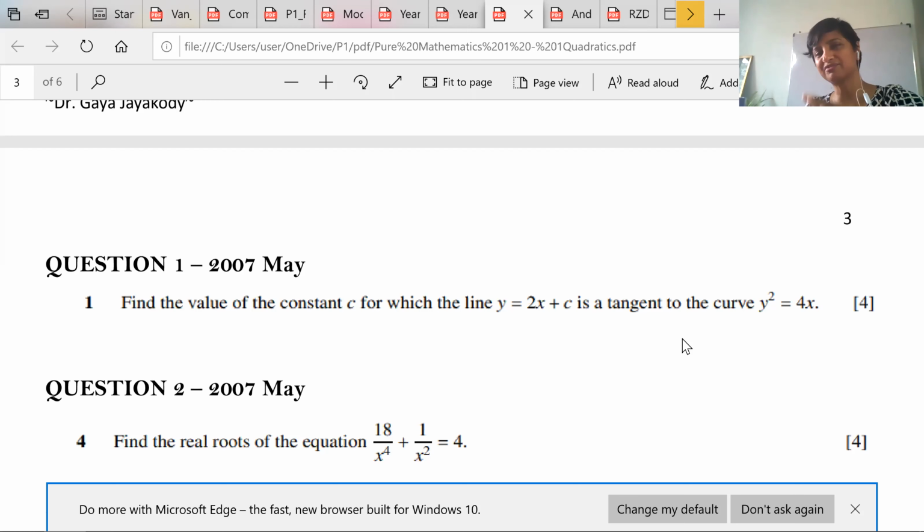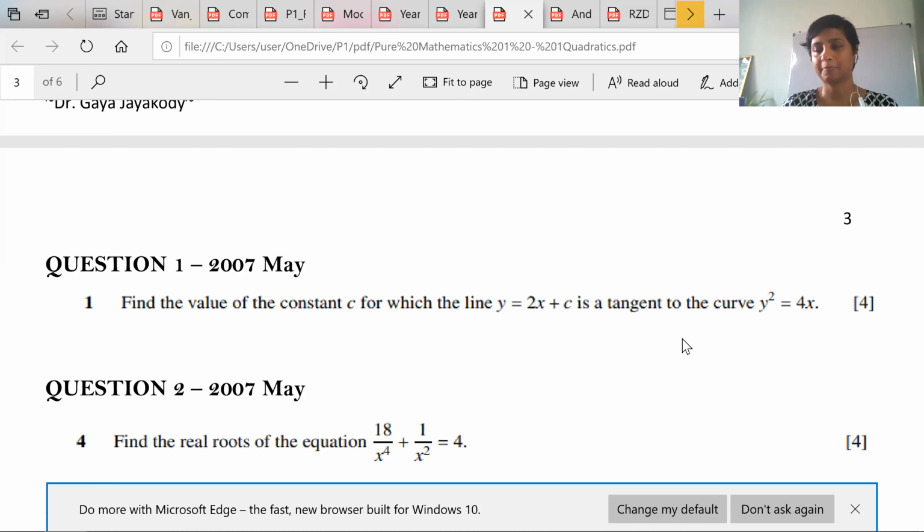So you have to find the value that c must have so that, for the curve y squared equals 4x, the line becomes a tangent. What this means is, when you solve the two equations, they should have only one intersection point if it is a tangent, right?